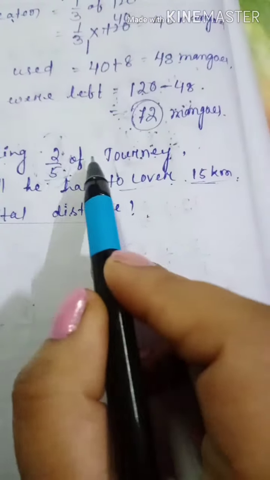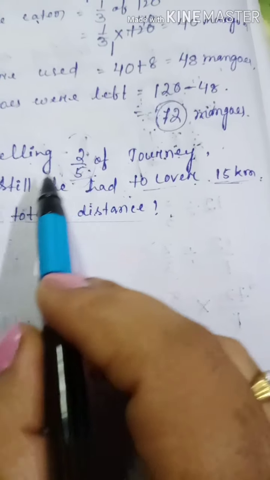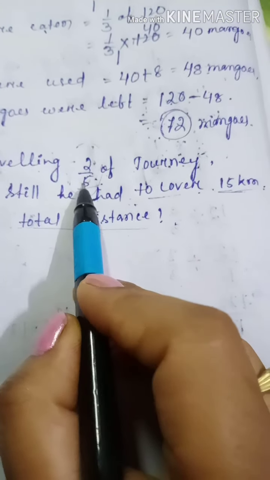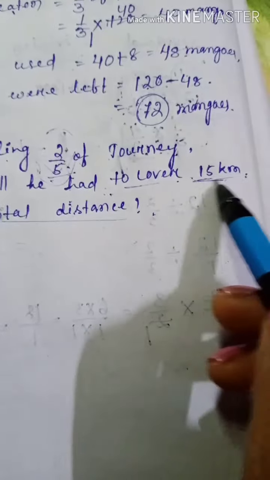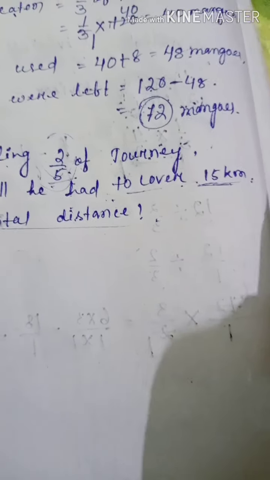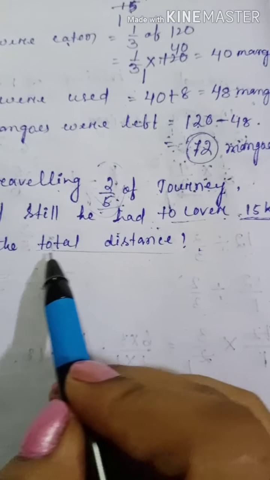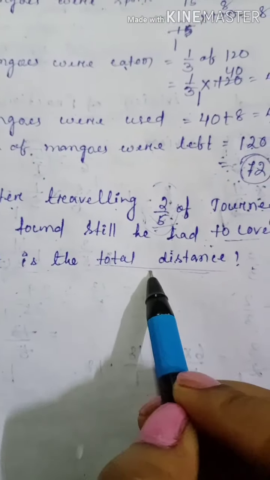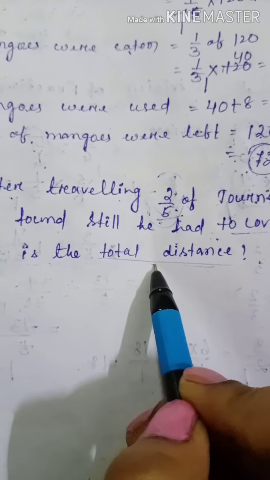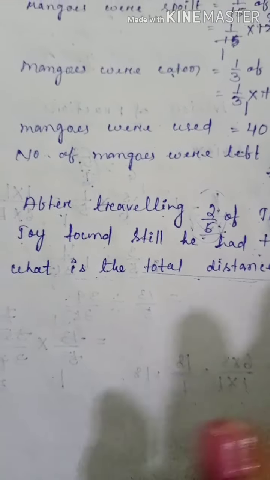Means if we add the distance he has covered with the distance which is left to cover, it will become the total distance of his journey. Clear? So here the total distance is not given, we have to find it out.